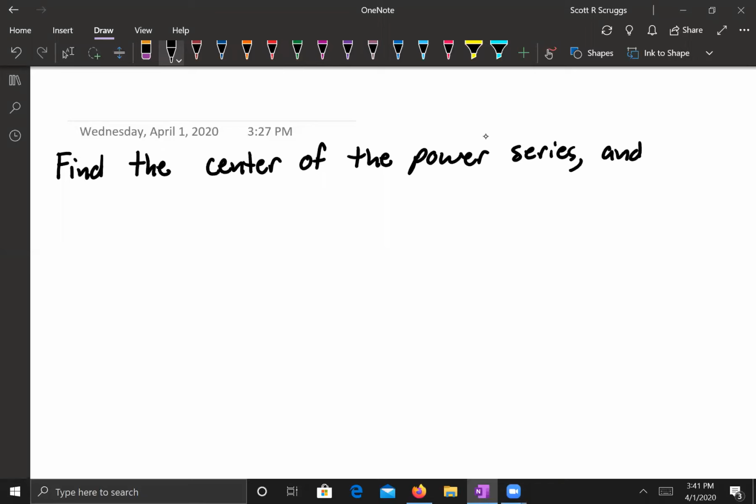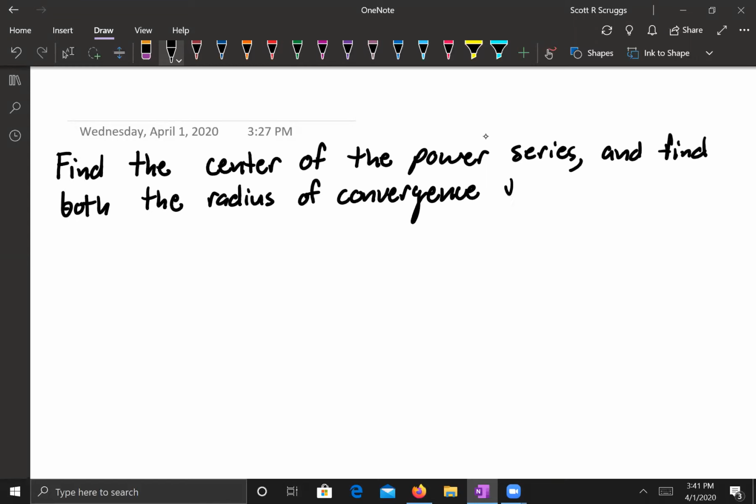And what I want is both the radius of convergence and the interval of convergence.